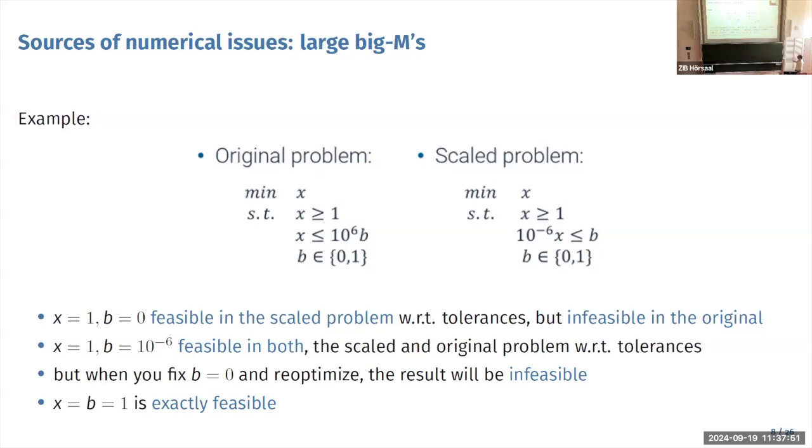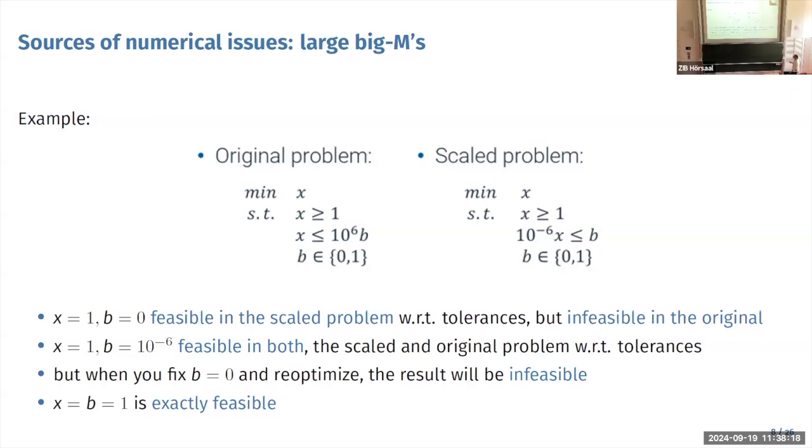So this solution is okay for the feasibility definition of the solver, but it's actually not okay for the application that you may have in mind. If you want to implement this, you would interpret b is 10 to the minus 6 as 0, and then actually you have an infeasible solution for your model, right?